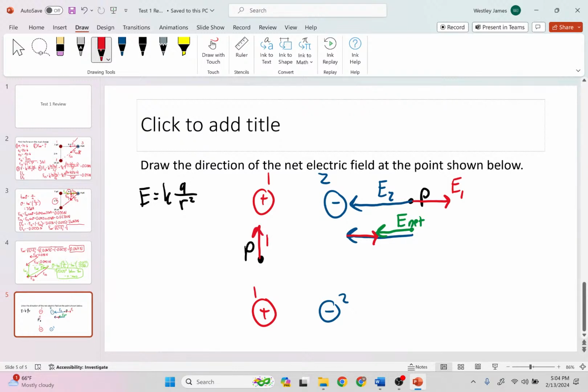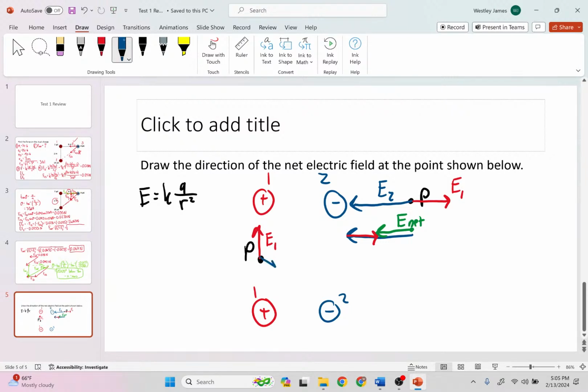Points away from that guy. Points away from the positive charge. And it's going to point towards the negative charge, and this is where you have to be careful.